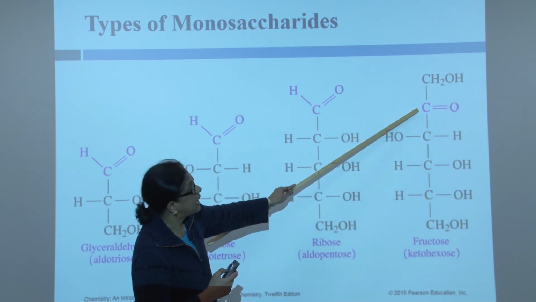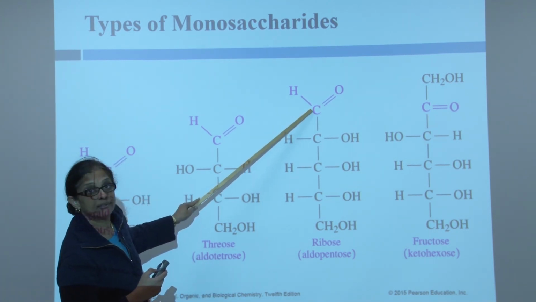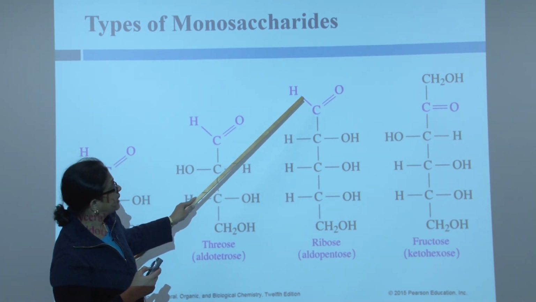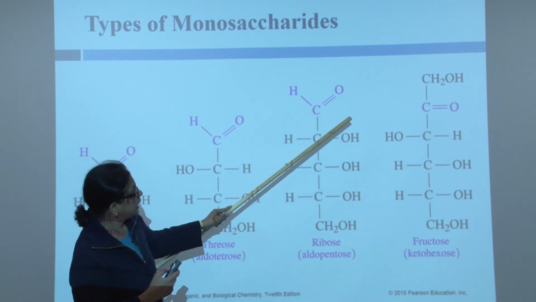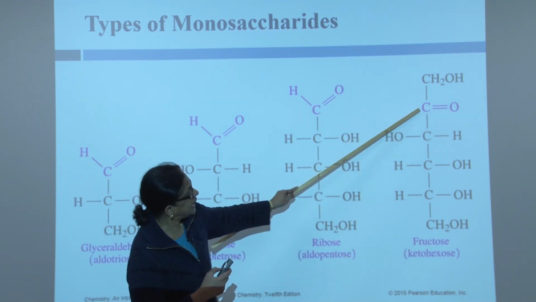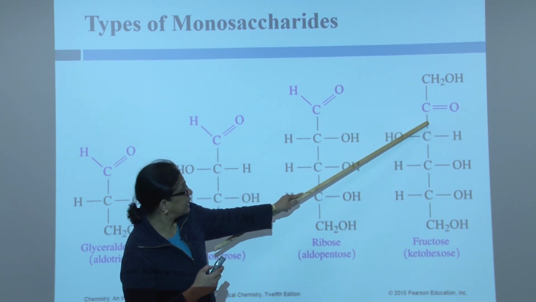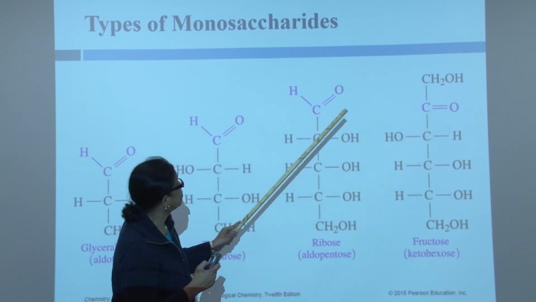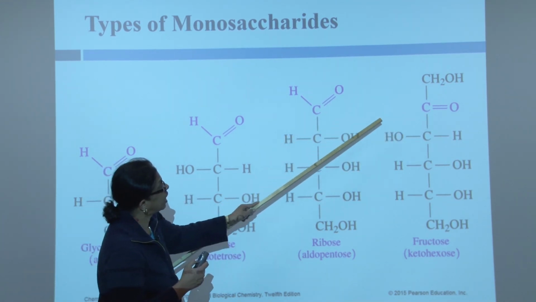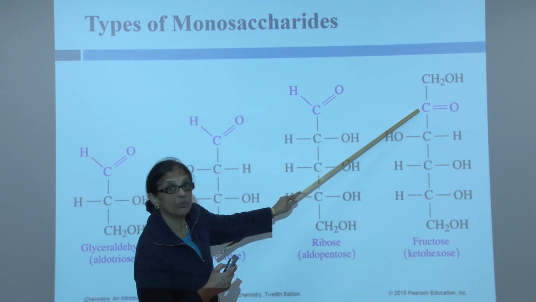Now here I am, keto. There's a keto group. The difference is that in the aldo molecule, the first carbon has the aldo group. In a keto sugar molecule, the second carbon from the top, counting down, has the keto group. So pay attention to the location of the carbonyl group in the aldo molecule and the keto molecule.